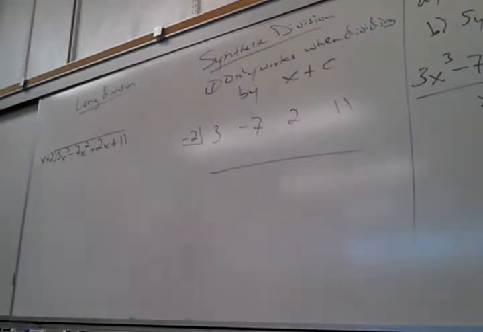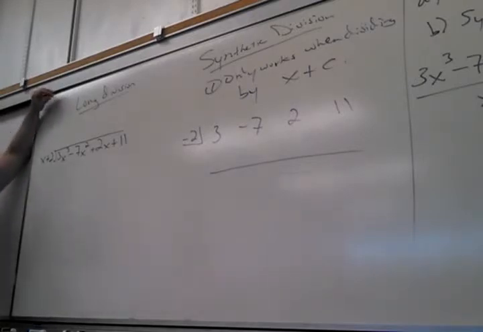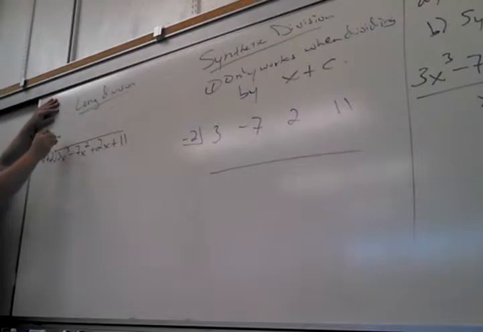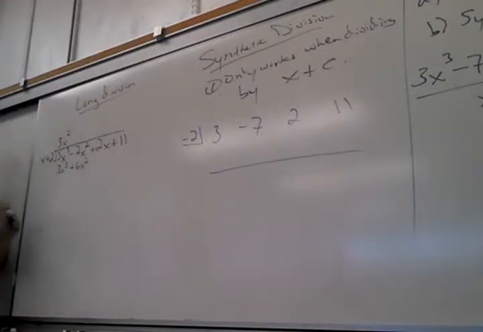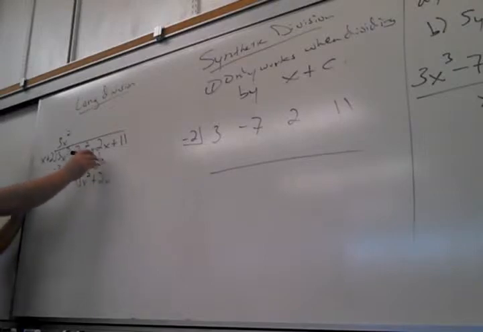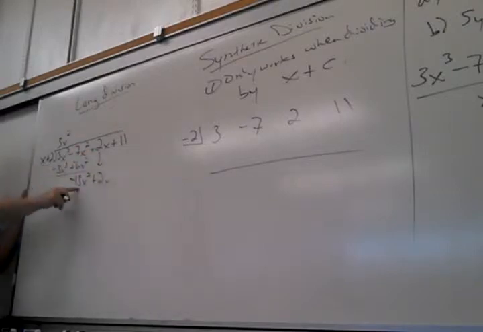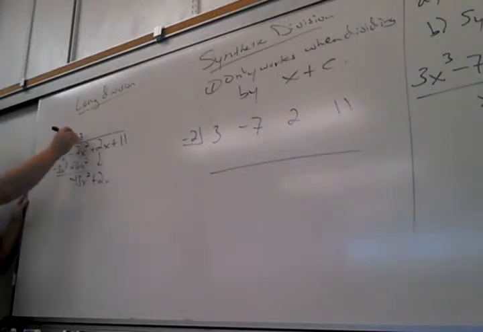If you think these are big numbers, they're not. Okay, so what's the first step here? Yeah, 3x squared times x is 3x cubed, times 2 is plus 6x squared, but then I have to change the signs. So then I get, bring down the 2x.